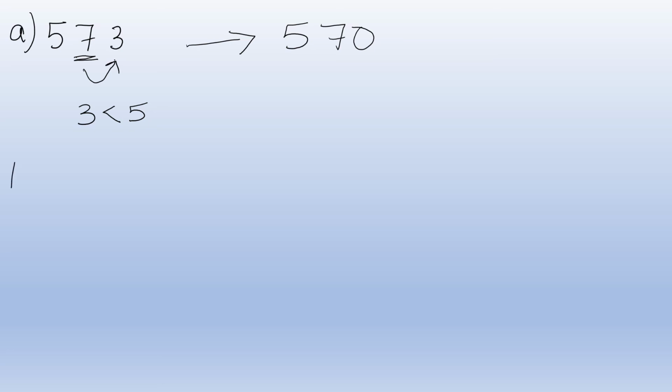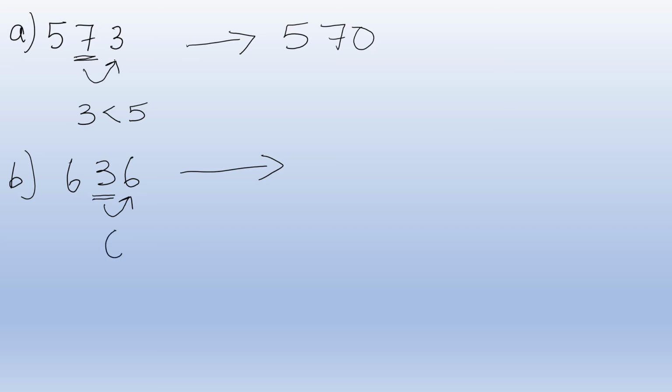Okay, let us take another example. 636. Round it to the nearest tens. So what is the first thing? What is the digit in the tens place? You have got 3. So what are you supposed to do? The digit at the right of the tens place, that is the digit in the ones place, is 6.